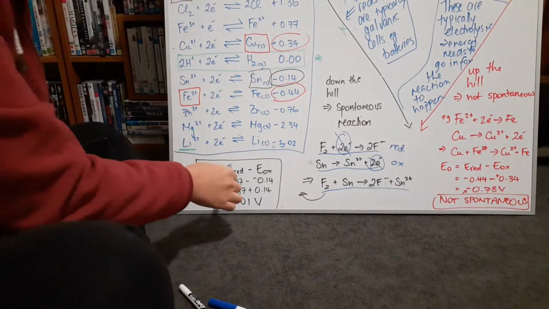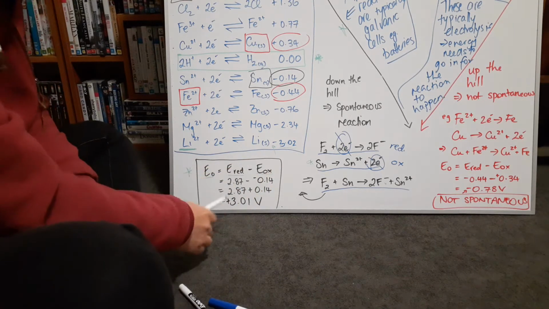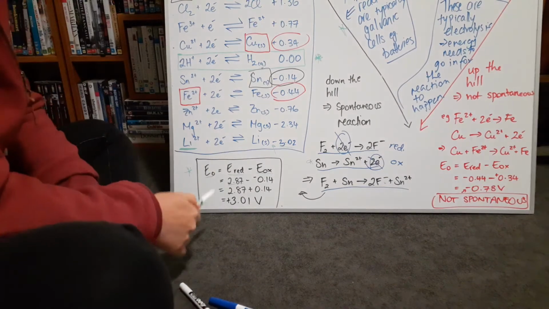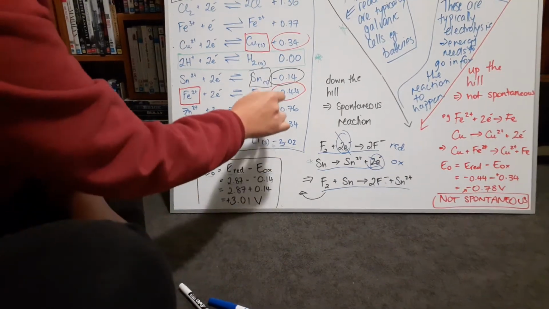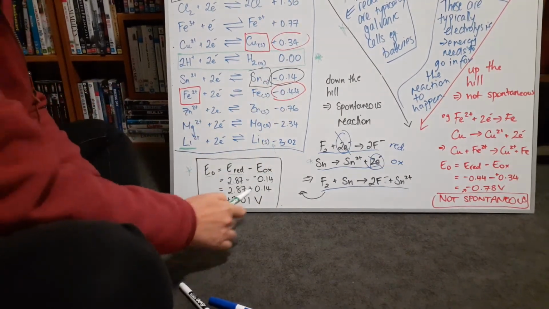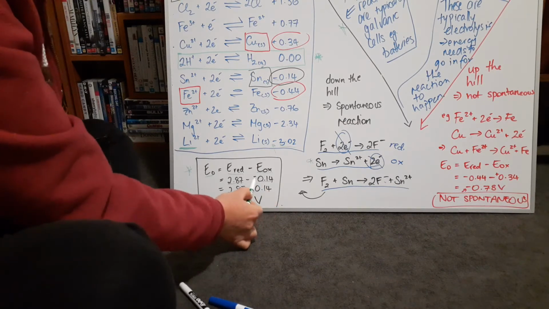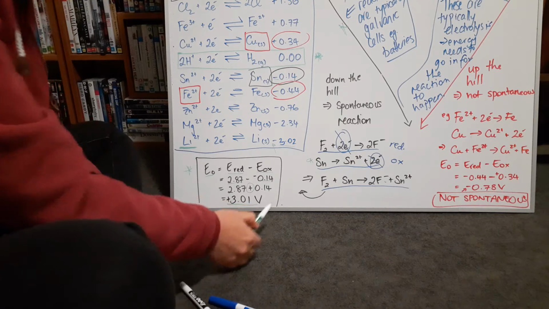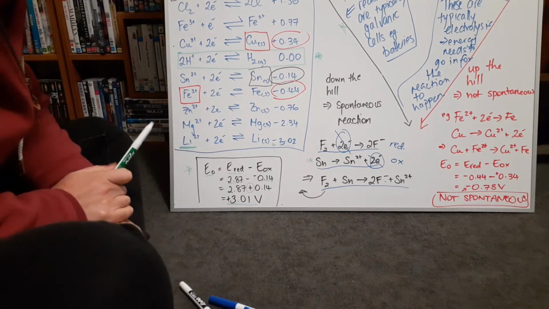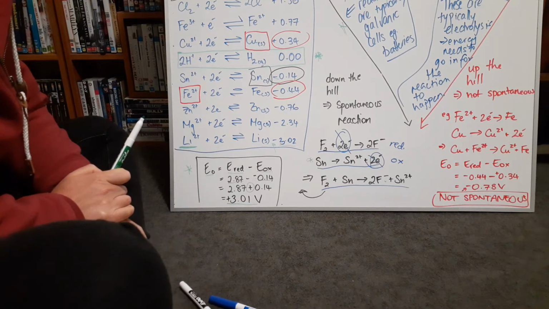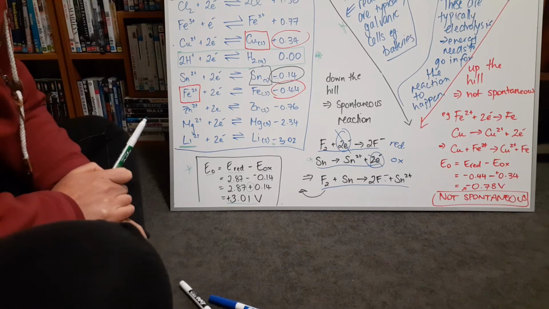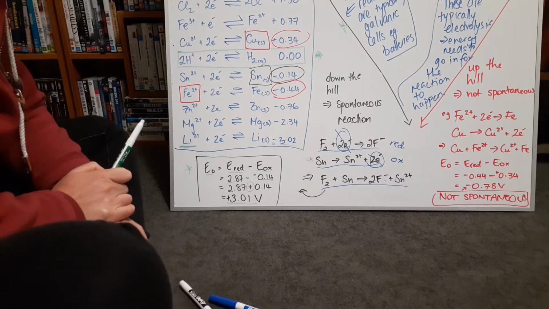Leave it as is. So reduction minus oxidation is going to be 2.87, a positive number, minus negative 0.14, right? The 2 negatives become a positive here. So when I add that up, I find that 3.01 volts will be the potential, or the potential difference given out by that particular galvanic cell, right?